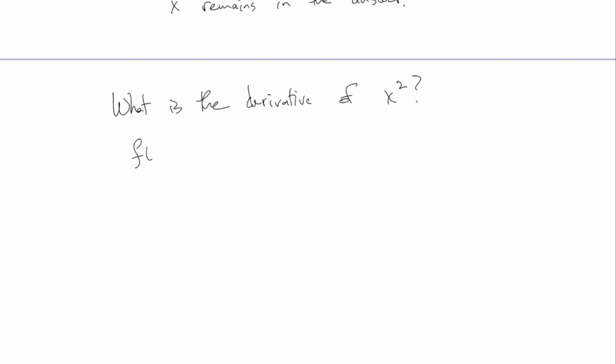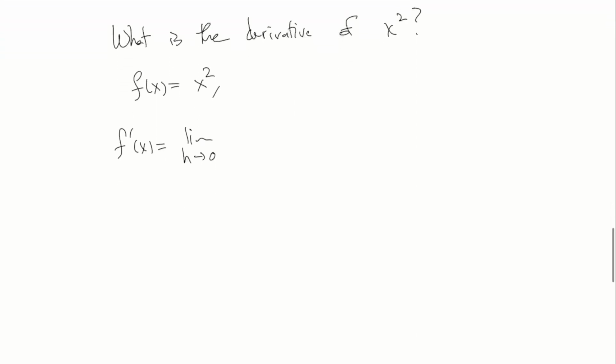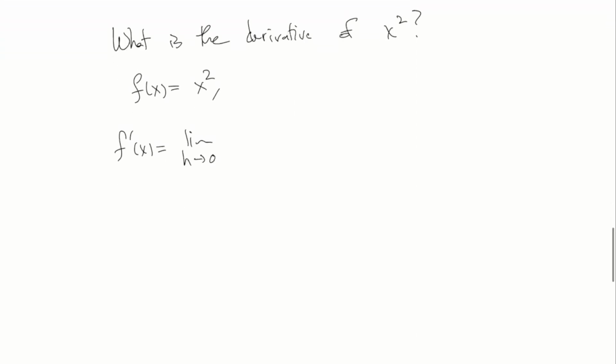So my f of x is x squared, and then I do this f prime of x thing with the same old formula. So it's f of x plus h minus f of x divided by h, right? That's the definition of the derivative.